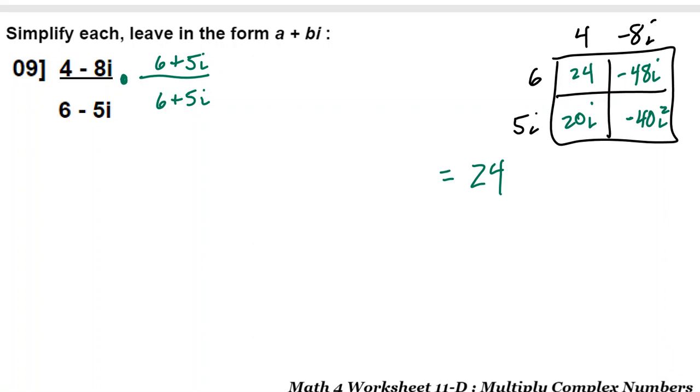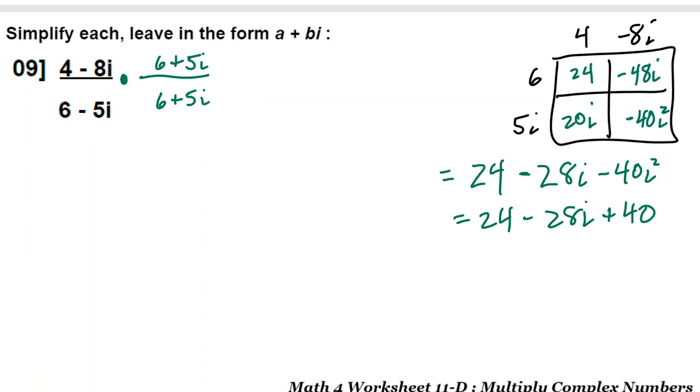Twenty minus 48 is negative 28. Negative 40 times negative 1 gives me a positive 40. 24 plus 40 is 64.